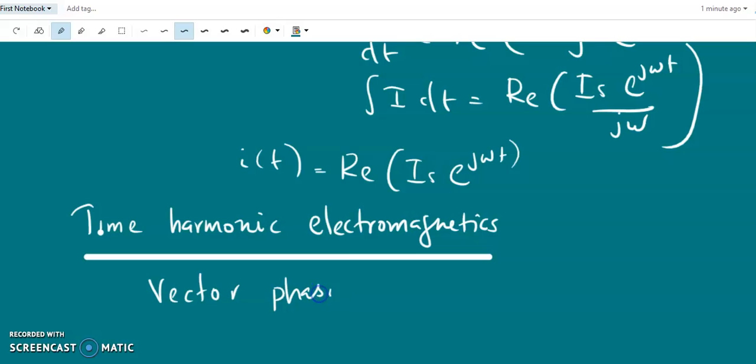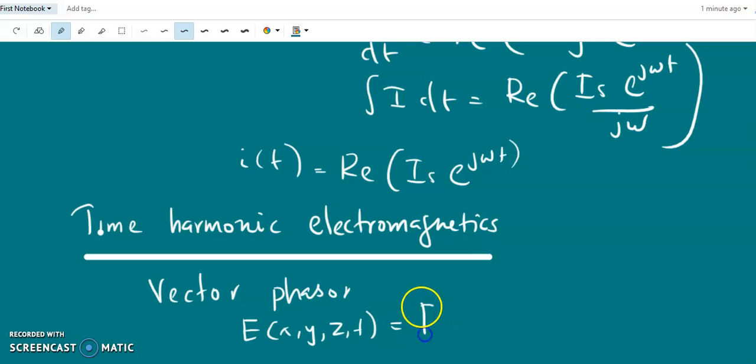The field vectors, which are sinusoidal functions of time and vary with the space coordinates x, y, z, can be represented with the help of a vector phasor that depends on space coordinates but is independent of time. Suppose our instantaneous expression for the electric field is E(x, y, z, t).